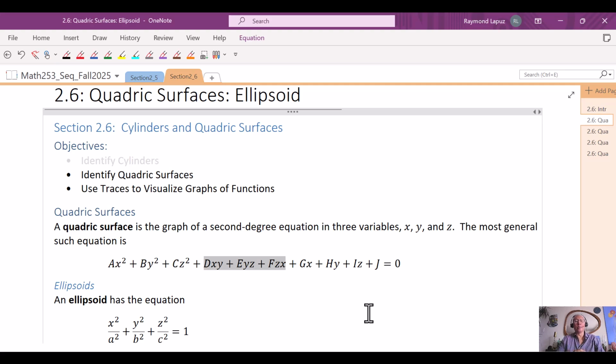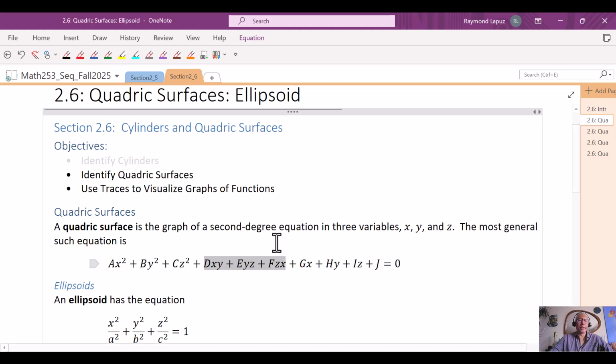So what we'll do is we'll eliminate those and just really focus on quadric surfaces that have x squared, y squared, and z squared, and then the x, y, z. And even that, the examples that we're going to look at won't include this, because if we eliminate these pairs of xy, yz, and zx, and we still have x, y's, and z's, then those kind of shift our quadric surfaces around.